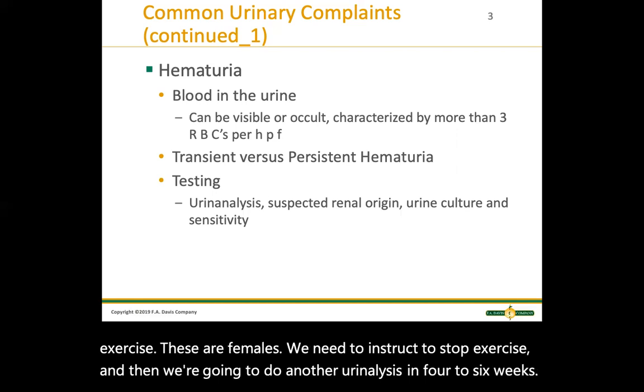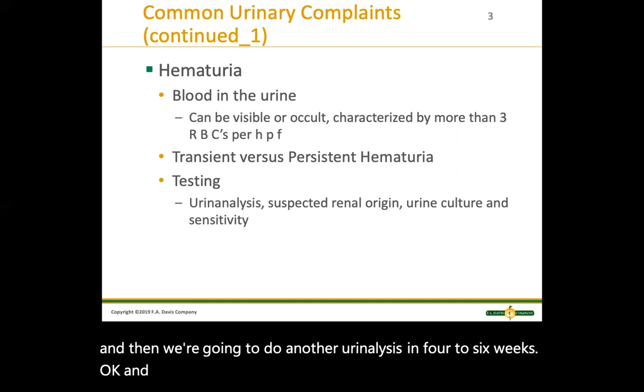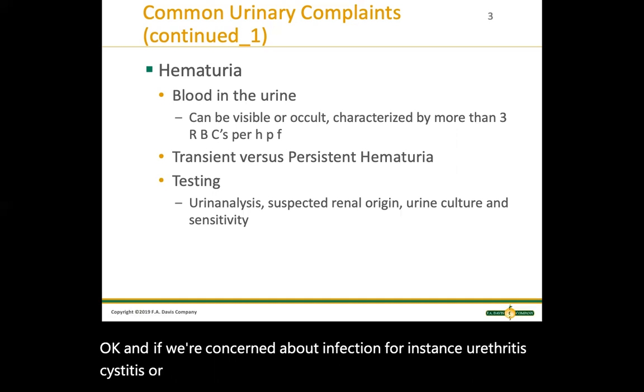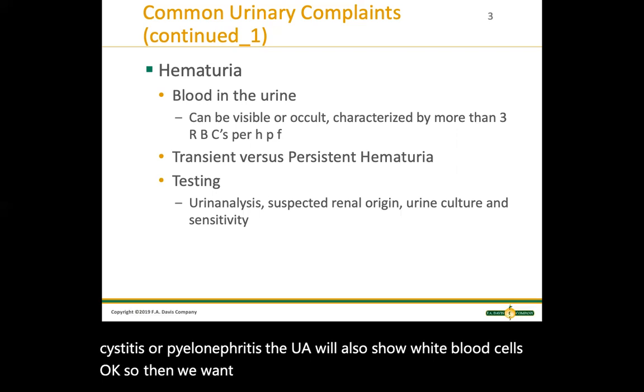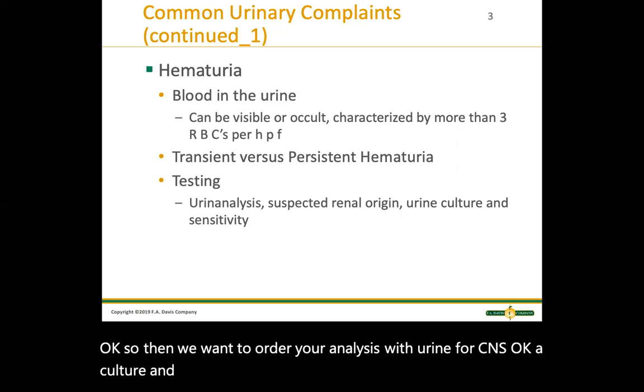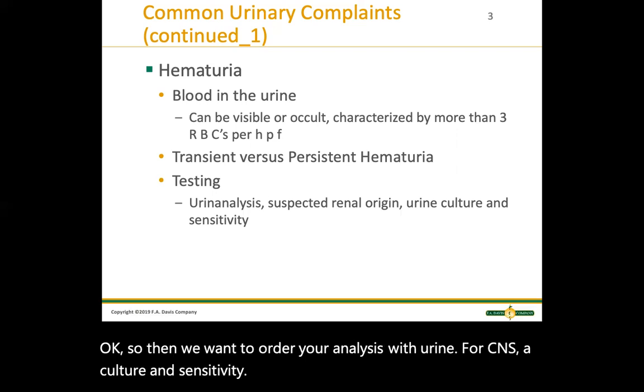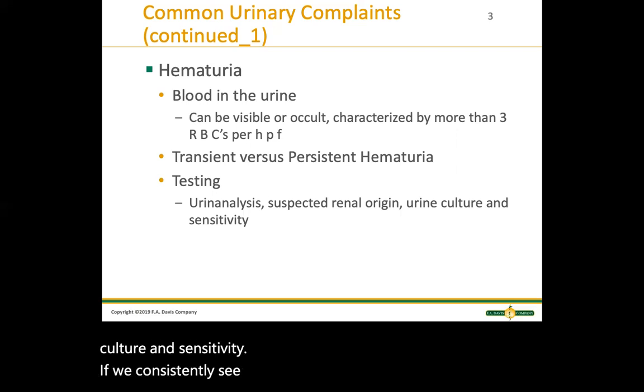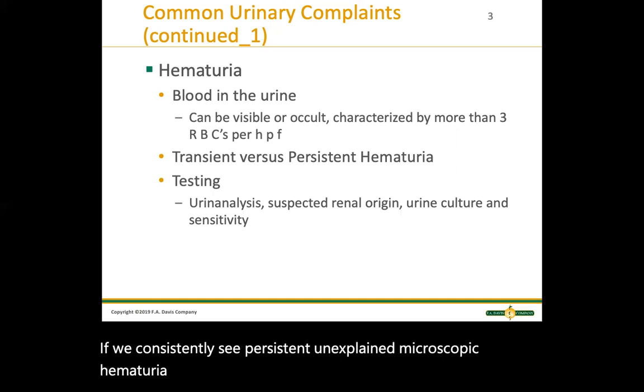Okay, and if we're concerned about infection, like urethritis, cystitis, or pyelonephritis, the UA will also show white blood cells, okay? So then we want to order a urinalysis with urine culture and sensitivity. If we consistently see persistent, unexplained microscopic hematuria that does not resolve, we're definitely referring to a nephrologist.